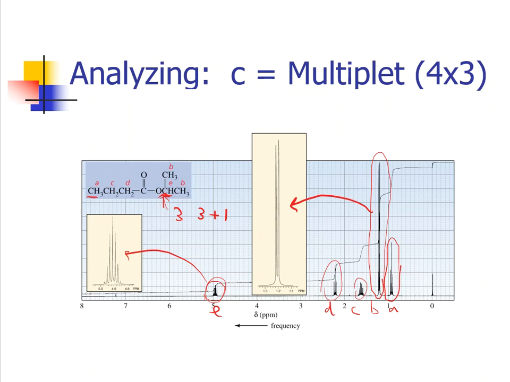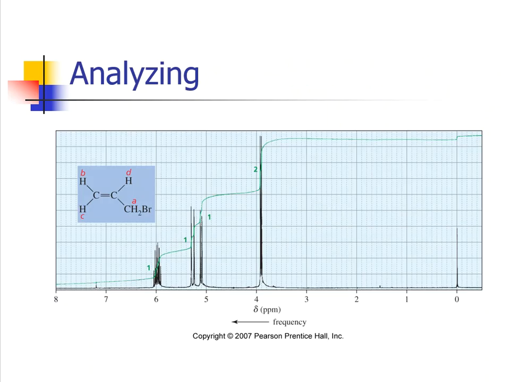So this is 3 plus 3, which is 6 plus 1 is 7. And if I take a look at the way that this is splitting, I see 1 and then 2 and then 3 and then 4, and then 5, and then 6, and then that little one down there, which is 7. So this is a multiplet, and because they're equivalent protons, 3 plus 3 is 6, plus 1 is 7. All right. So again, no surprises, nothing really happening here at all. It seems like a general review of everything that we've talked about, and it should be. There are only very few exceptions out there that we would actually introduce for you.